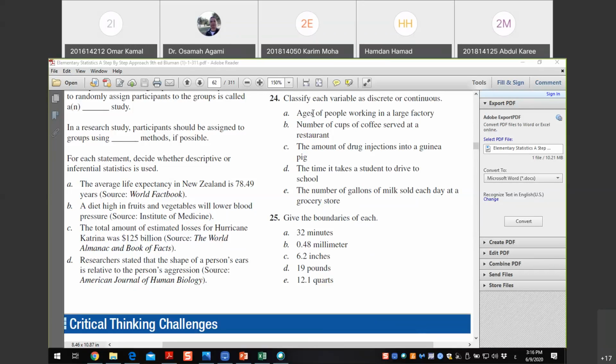Continuous. Right? So you can get it by years or by days, or by hours, etc. So do you consider it discrete in this case or continuous? Yes, age in general is continuous, but for the people in the factory, there is a gap between the age of this one and the other one, right?